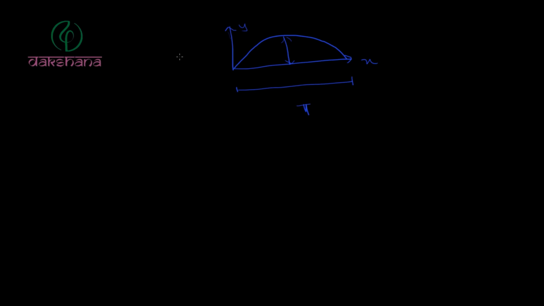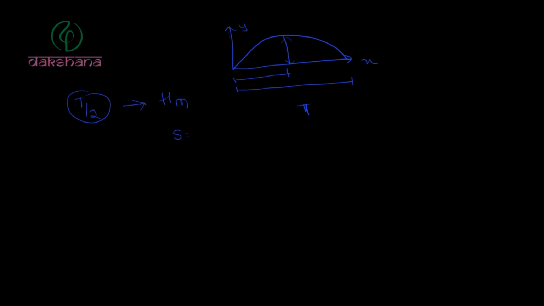That is, if the total time of flight is t, for attaining this much, it will take t by 2 time. That is, it will take t by 2 time to reach maximum height.